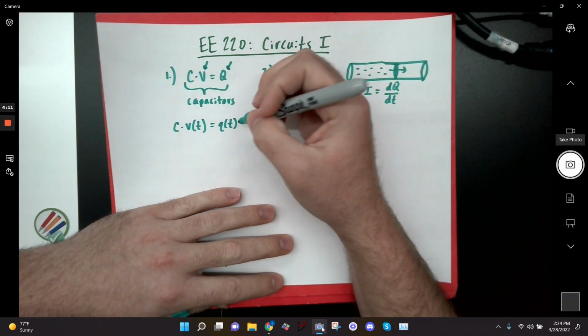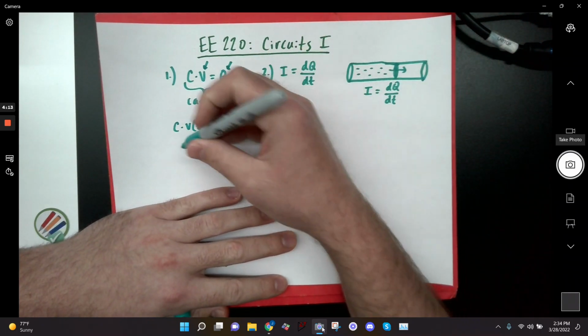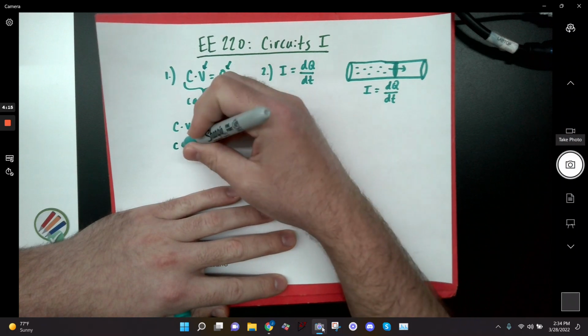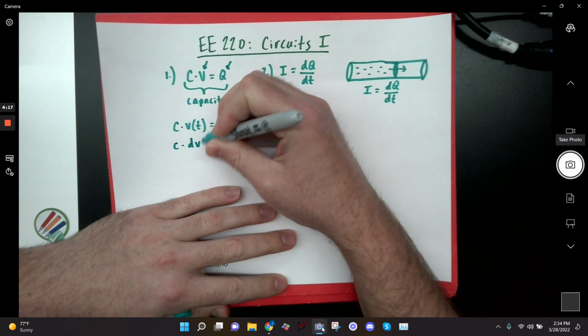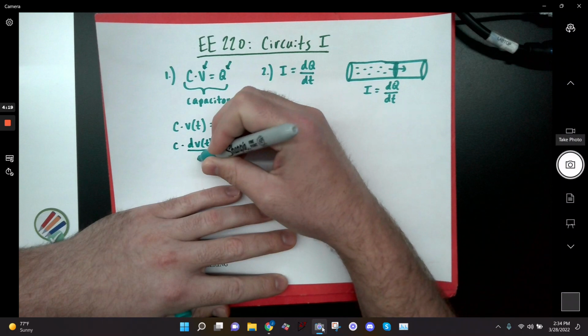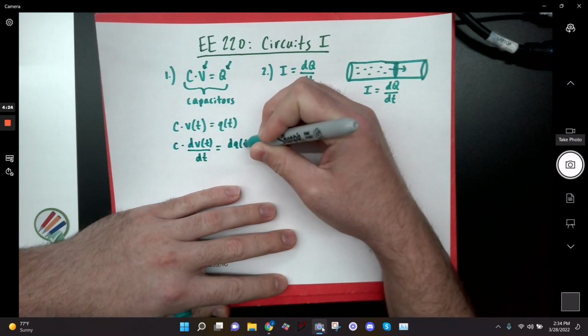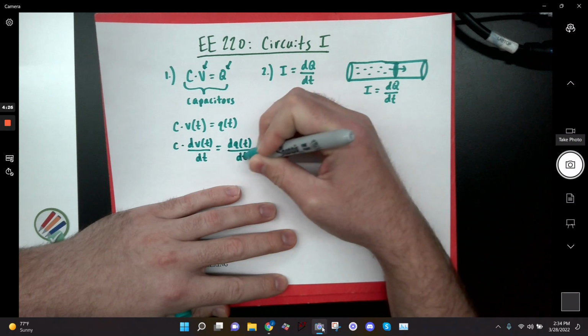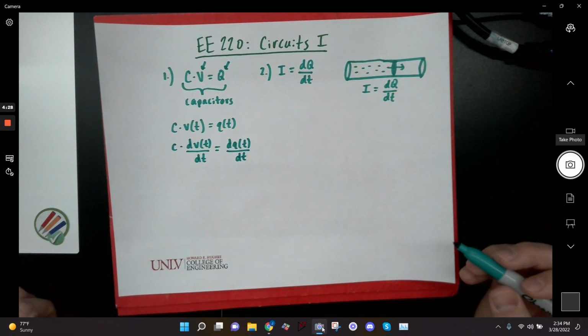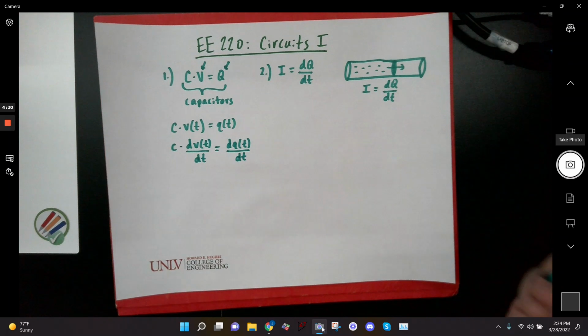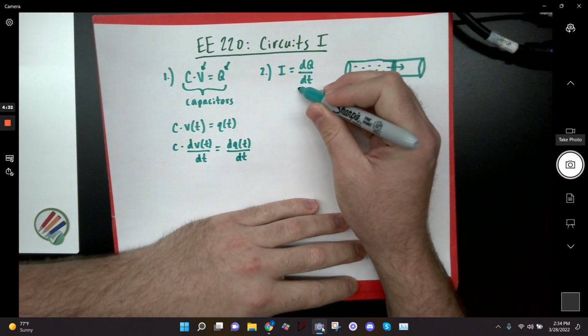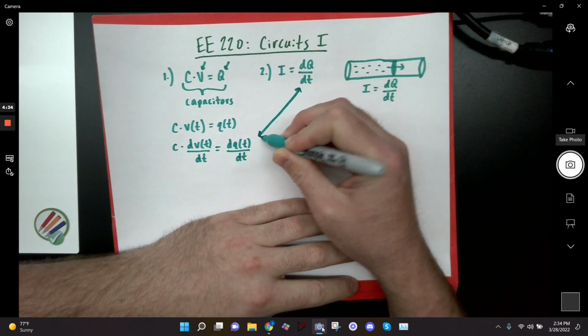So if I take the derivative of both sides of this equation, I get that C dV(t)/dt is equal to dq(t)/dt. All right? Well, I just said that current is dq/dt, right?